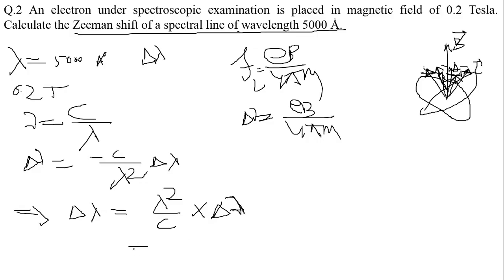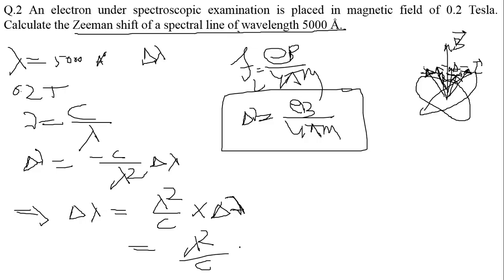And for change in frequency we have eB by 4 pi m. So due to this interaction, the wavelength of 5000 Armstrong will be shifted, which is known as Zeeman shift.